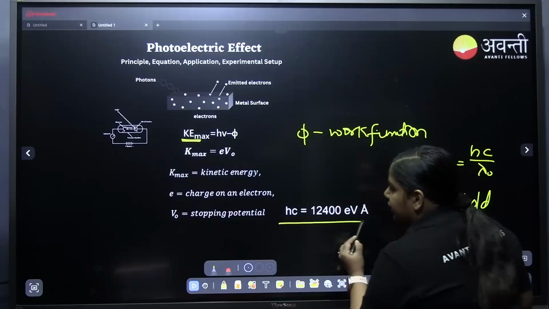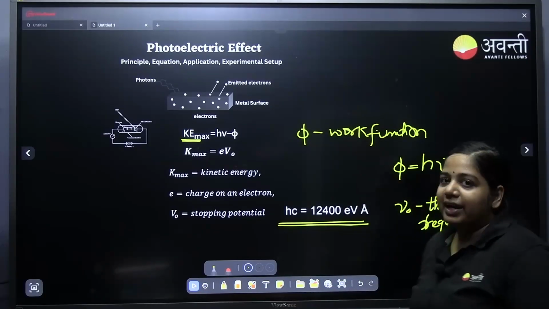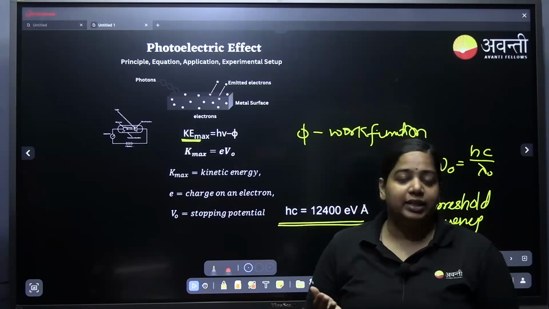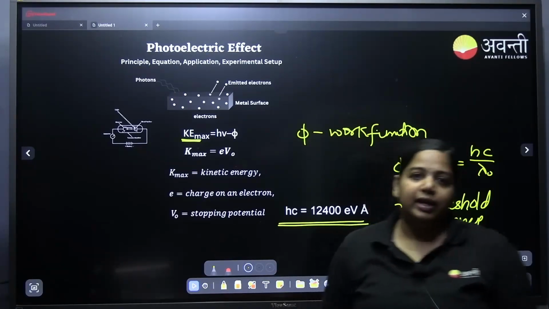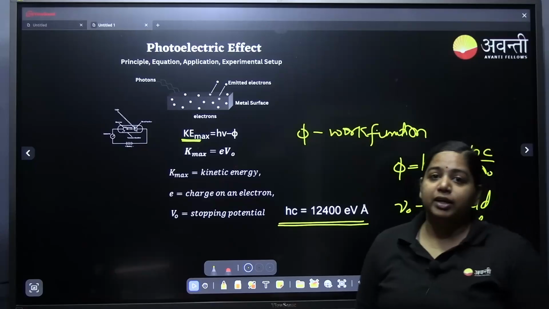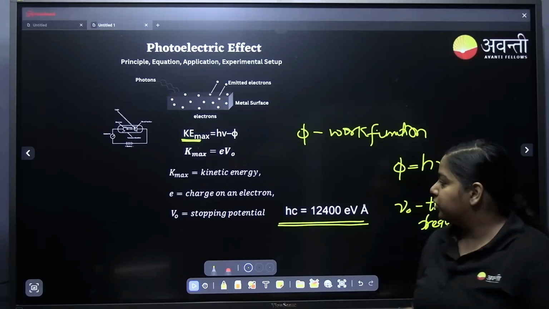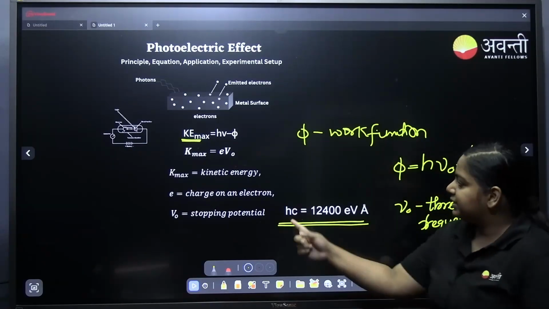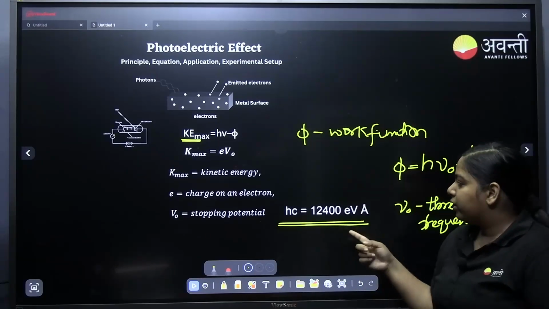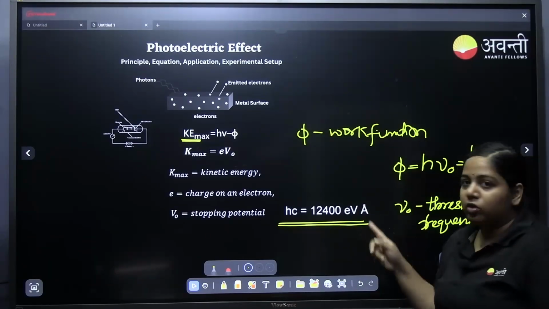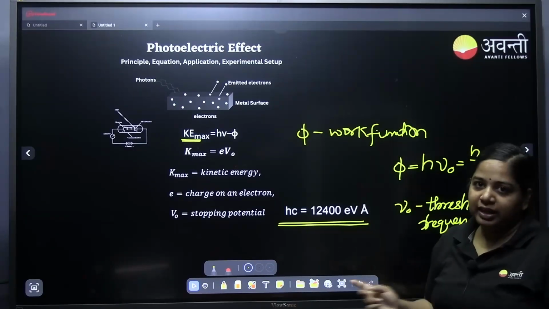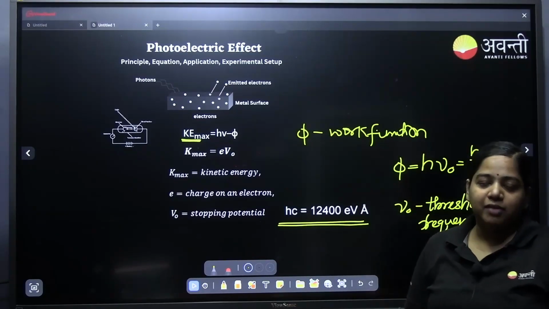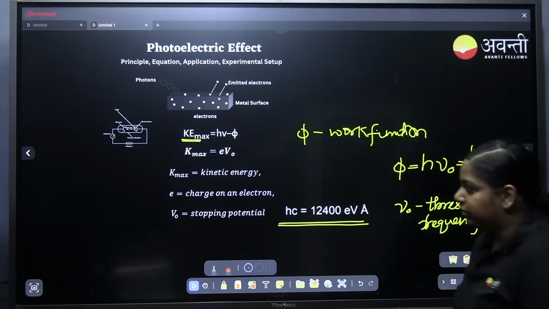Now usually we find energy and everything in joules, right? That is the SI unit. But in this chapter, when it comes to electrons, we mostly deal with electron volts. So you should know this. hc is equal to 12,400 electron volt Angstrom. So in hc by lambda, Angstrom will get cancelled, and you will get the actual value of energy in electron volts.